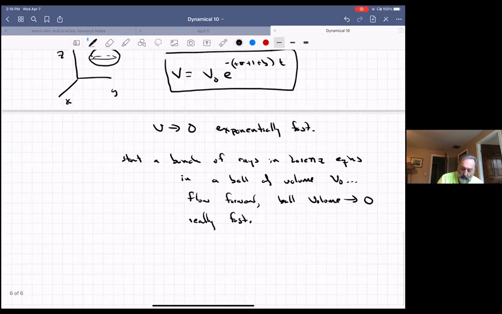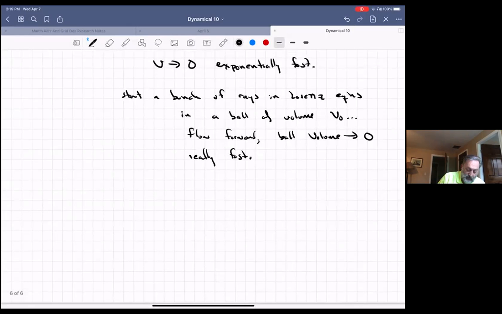Okay, so now there's a number called RH given by sigma times (sigma plus B plus 3) divided by (sigma minus B minus 1).